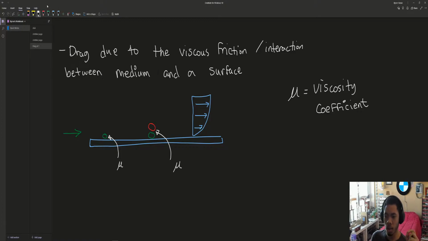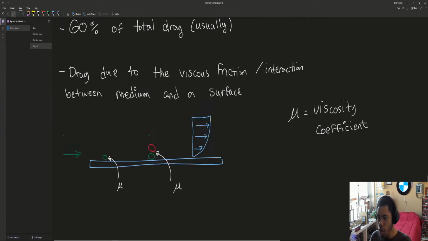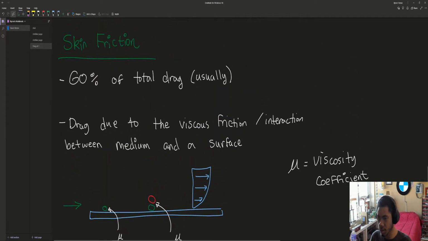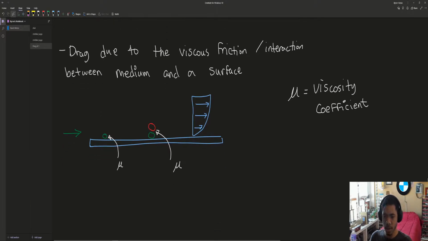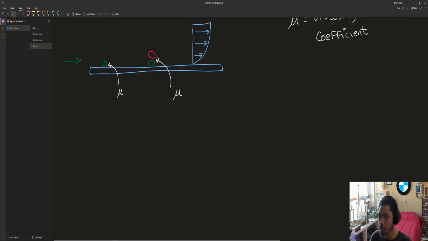If you drop the marble into the water, you already know it's just going to make a plonk sound and go straight to the bottom. If you drop it in syrup, it'll make kind of a thicker plonk sound, and it'll take a decent amount longer to get to the bottom of the cup because of the viscosity coefficient of syrup. So this is essentially what skin friction drag is. It is the viscous interaction between your surface and the medium.